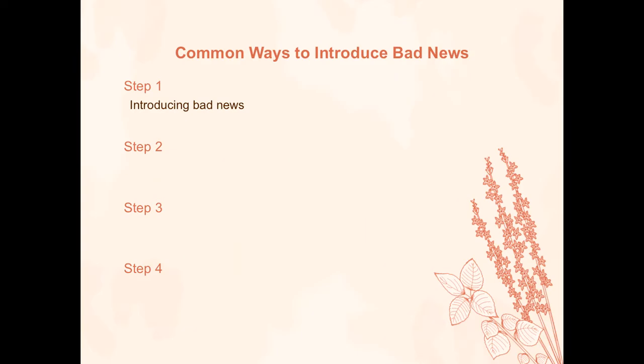You just go straight directly to introduce the bad news. And then the second step is explaining why the bad news happened. And then step 3, presenting possible solution. And then the last step is offering sympathy.